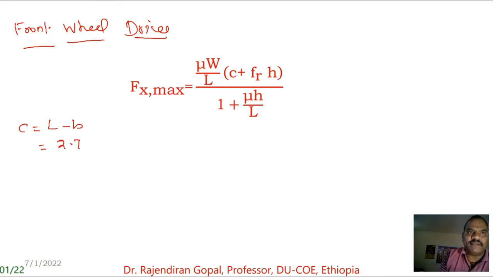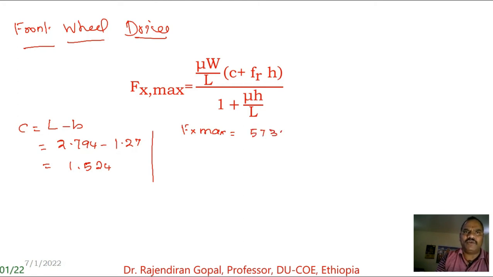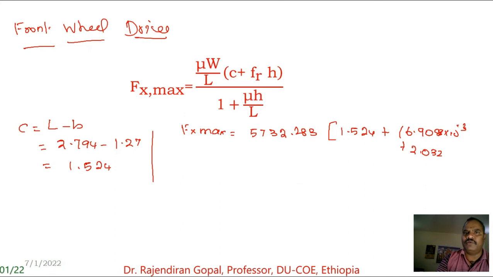Then Fx max = 5732.283 × (1.524 + 6.9088 × 10^-3 + 2.032 × 10^-8 V²) divided by (1 + 0.145455).